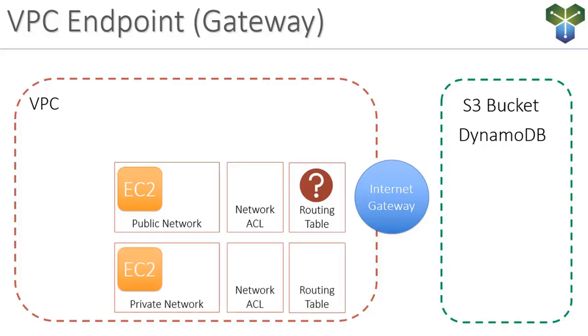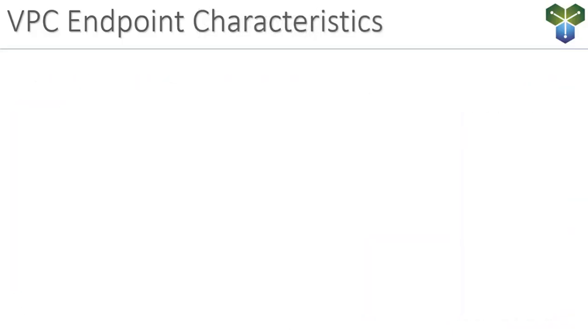As compared to my private network, where I've established a VPC endpoint and I've configured my route table specifically with a prefix list for S3 to send that traffic through the VPC endpoint. And then I could also have a default route for that private network pointing to a NAT gateway in the public subnet.